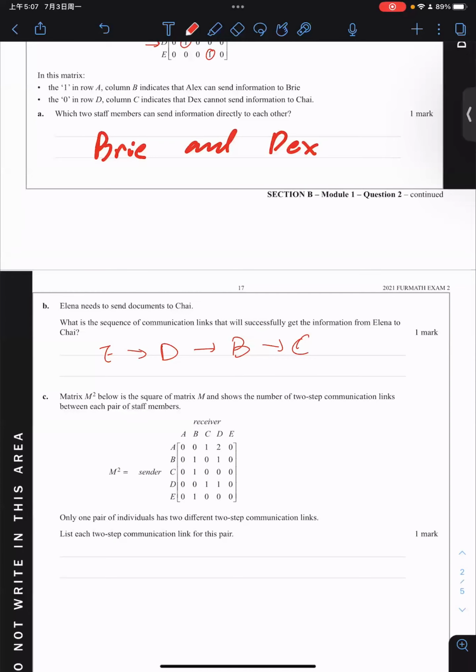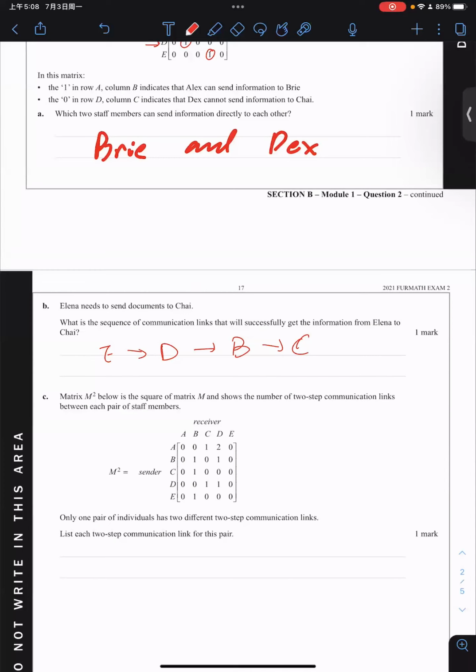List each two-step communication link for the pair. Now, we can see that we need the links to indicate two steps. So it is not just one step from one person to another. We need another way to send it through.